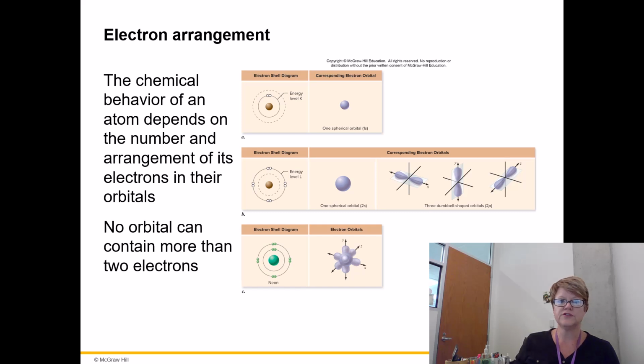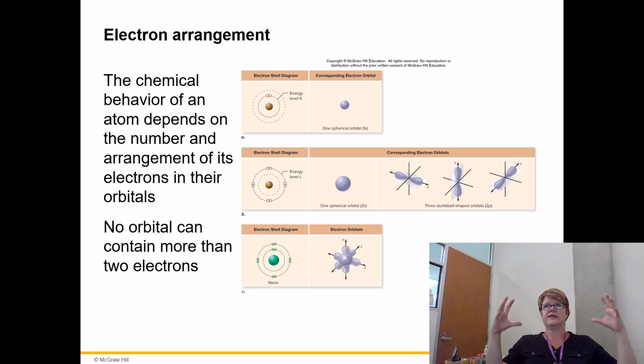And we call it an s orbital, or we call it the first energy level. The next group of electrons above and beyond 2, so for any atom that has more than 2, are going to be in another level that's a little more distant from the nucleus.